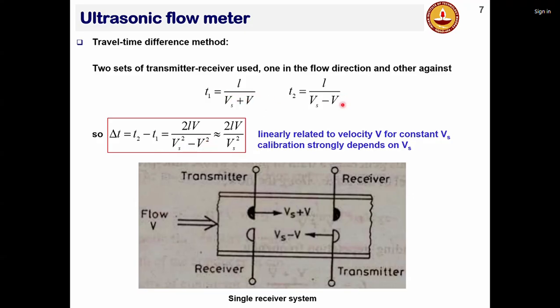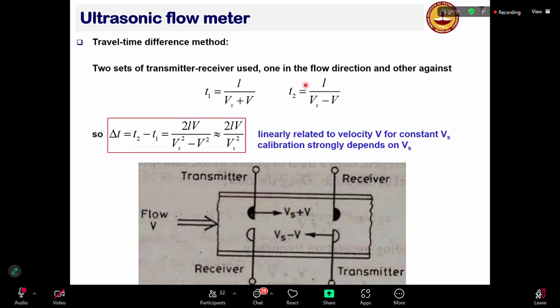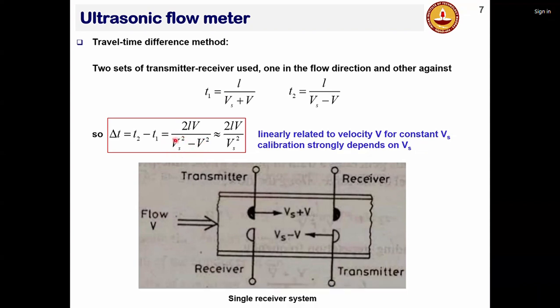You take the denominators common, and this will be LVs plus LV minus LVs plus LV, so 2LV divided by Vs square minus V square. Now, as we discussed, this flow velocity is way smaller than the sound wave velocity, so you can approximate this by neglecting V square. Essentially, you will have 2 into L into V divided by Vs square.